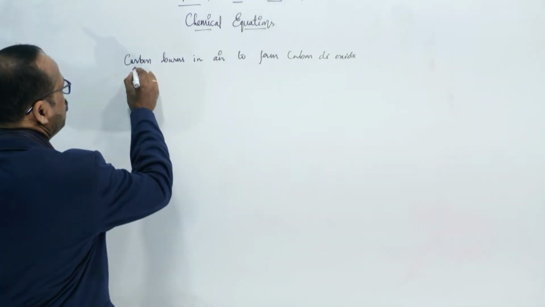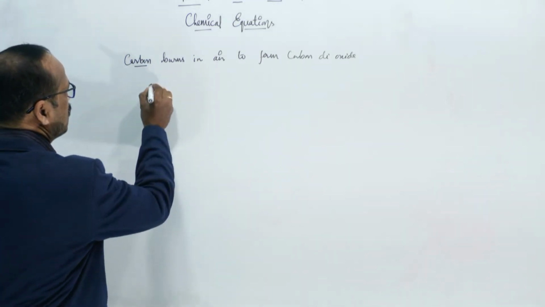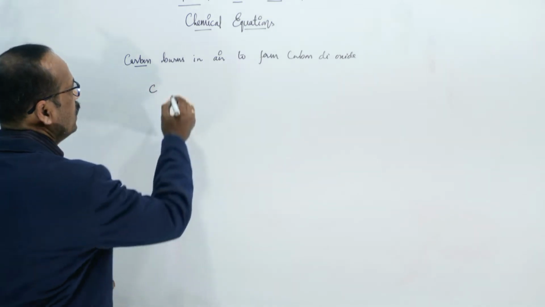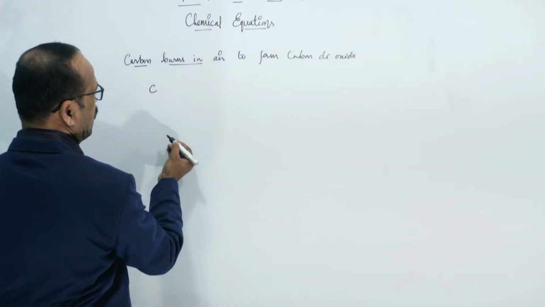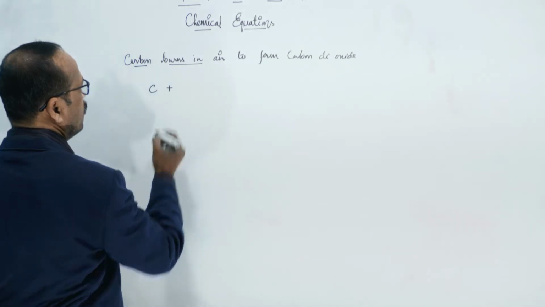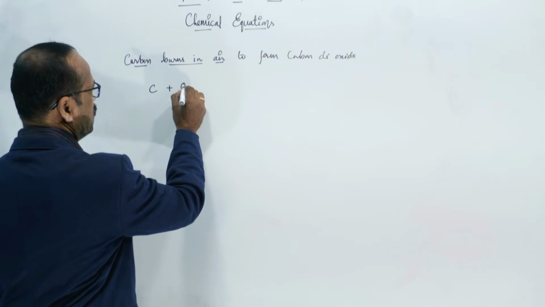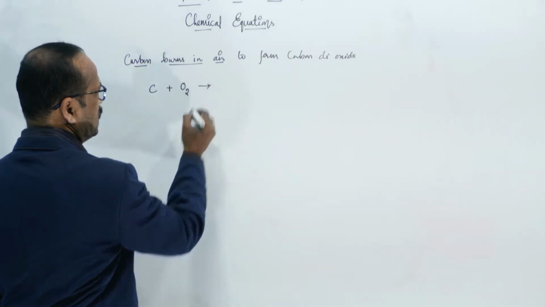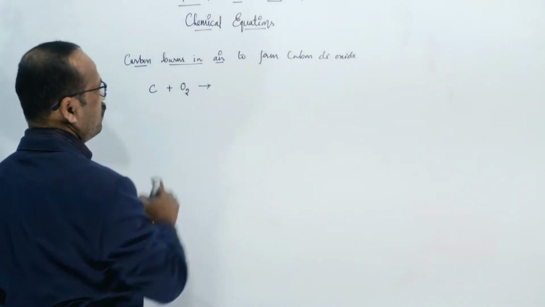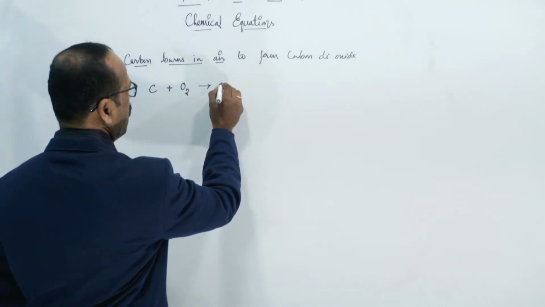Students, you know the carbon symbol is C. For burns in, we represent plus, and for air we write oxygen, whose formula is O2. For to form we give an arrow mark, then carbon dioxide, whose formula you know.